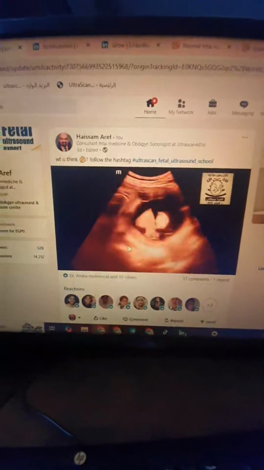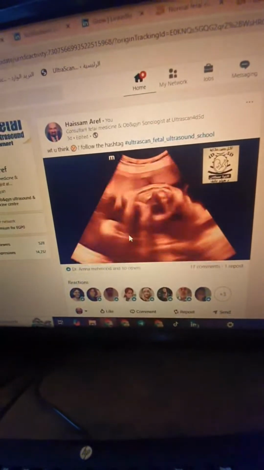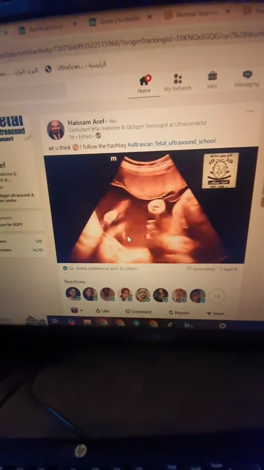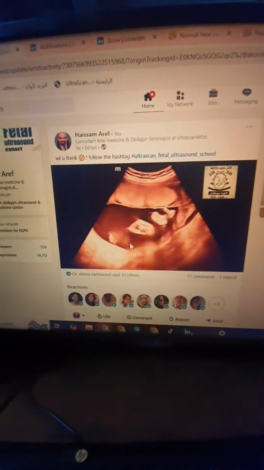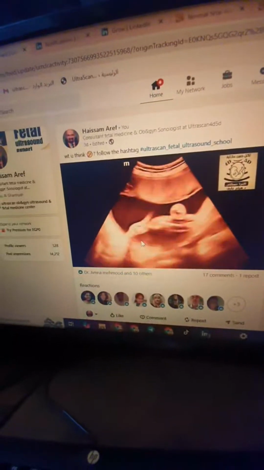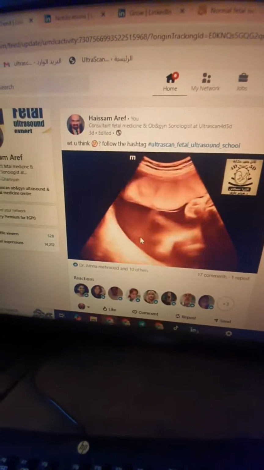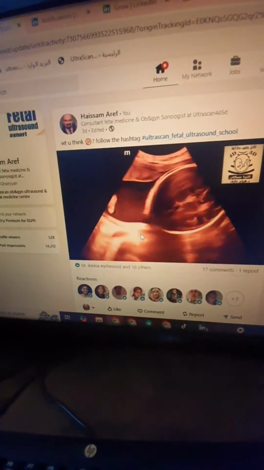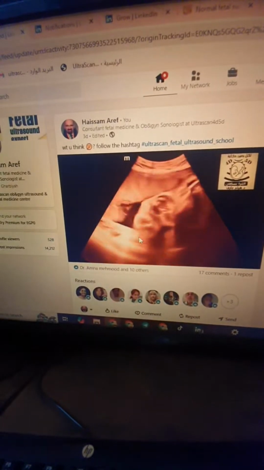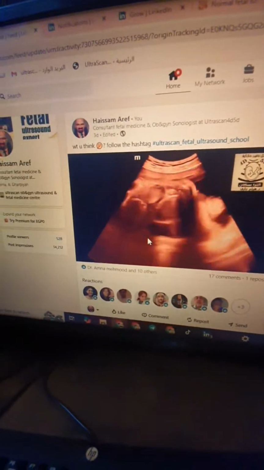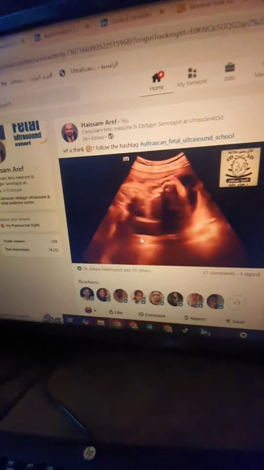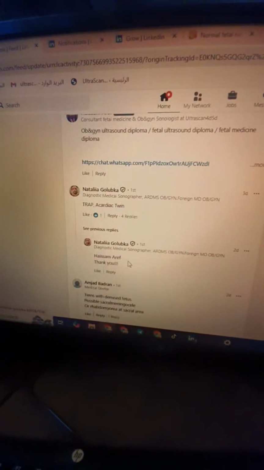The only thing that does not make it a pentalogy of Cantrell is that the heart is still inside the chest. I wish with all of my heart that the heart were outside, so I could say that this is a case of pentalogy of Cantrell, but you will see the final case in our collection this week. I did fulfill my wish, like we will see in a moment.